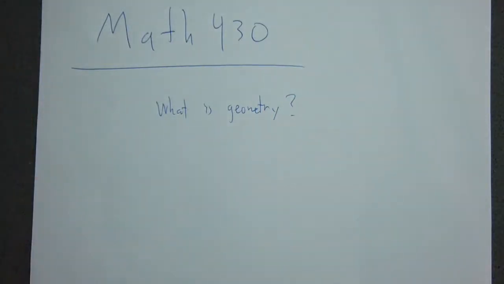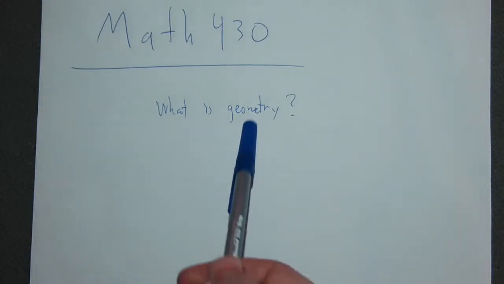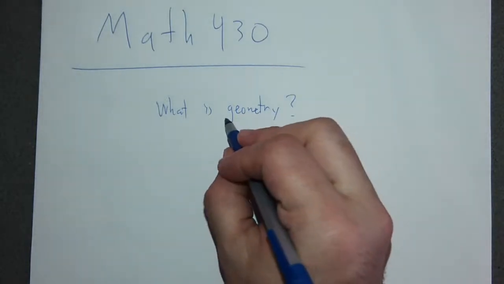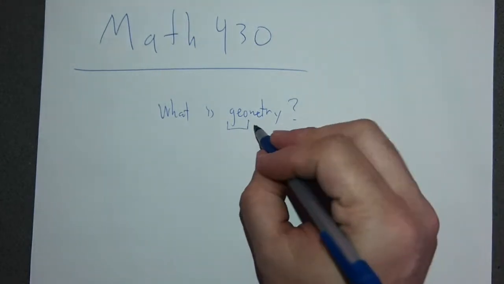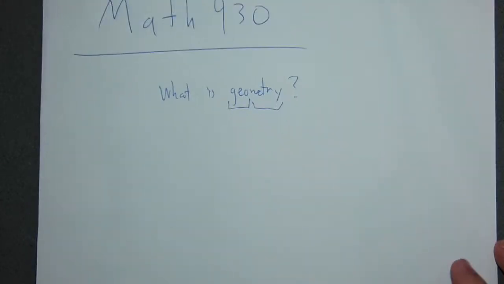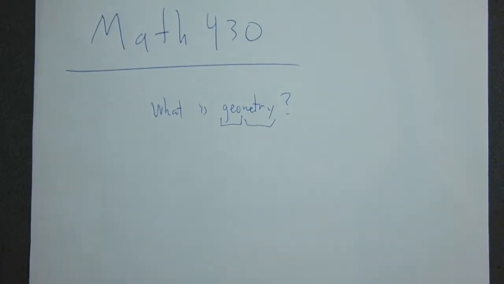And immediately you probably have some kind of answer, like, geometry is the study of geometric quantities, right? And so what's a geometric quantity? Literally, geo is earth and metry is measure. So if you're thinking practically, geometry is like earth measure, it's not totally off.